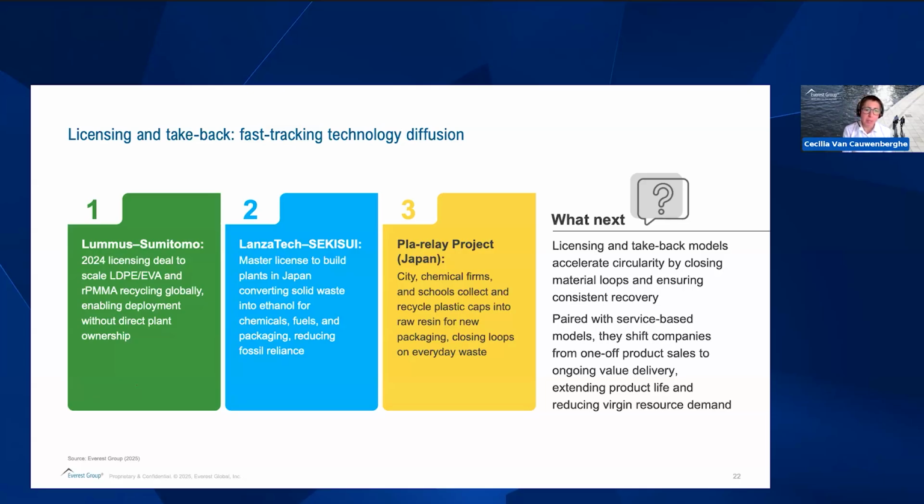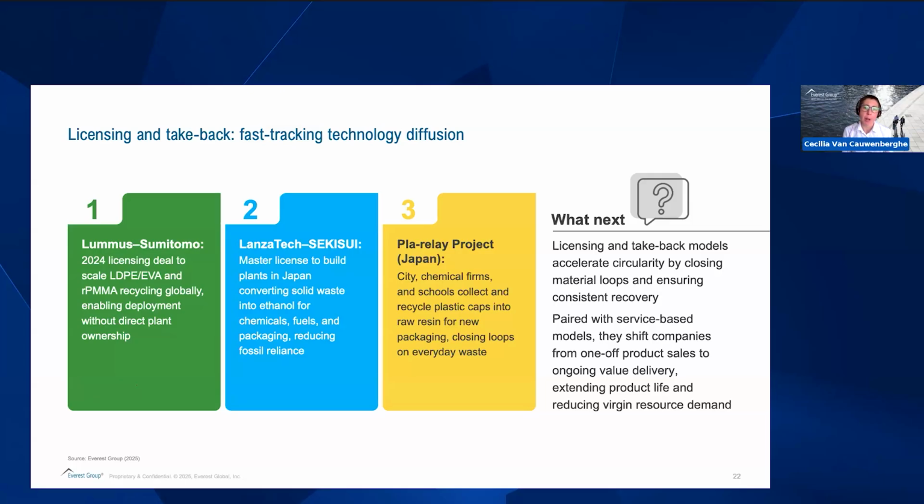The last example we will see here is another project in Japan, the PLA Relay project, localized take-back for community value. So it's another angle, and we will see the diversity of examples here. It involves simple mechanical and chemical recycling of plastic bottle caps into raw resin for new packaging. Each unit uses standardized sorting bins, washing modules, and extraction tools, suited for small community volumes.